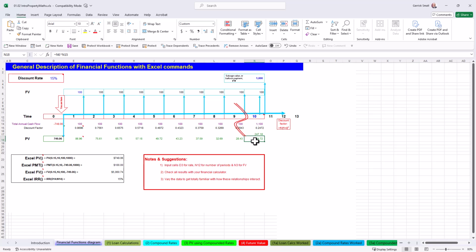In other words, about a quarter of its face value, at least in the way that we look at the face value of a $100 note today. It now becomes a $25 note in 10 years' time. Added to that, the present value of $1,000, which is also about a quarter of its value, or $247.18.